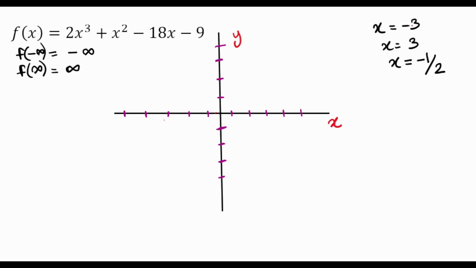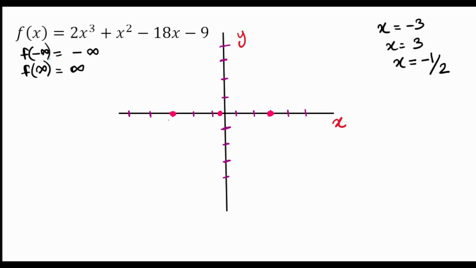Let's try to locate these points on our Cartesian plane. So we have our first point at x is equal to minus 3, where the function will be equal to 0. Then at x is equal to minus half, which will be in between minus 1 and 0. And also at x is equal to 3, f of x will be equal to 0.